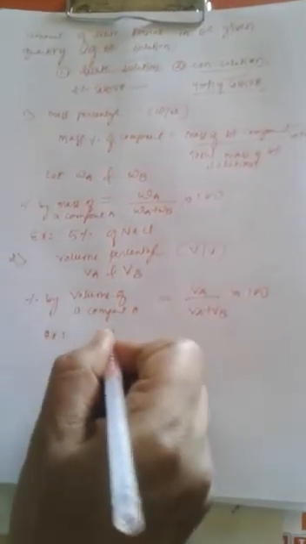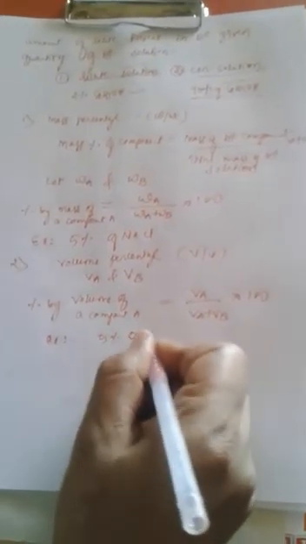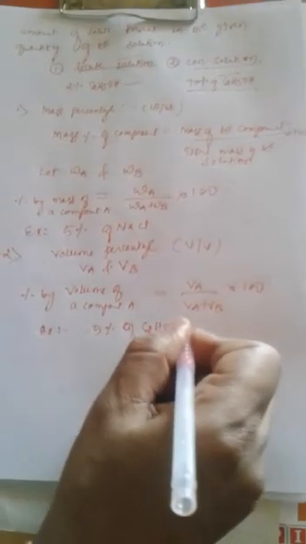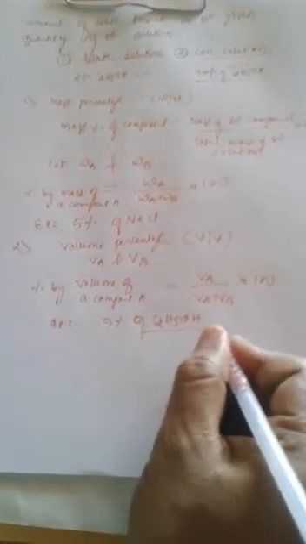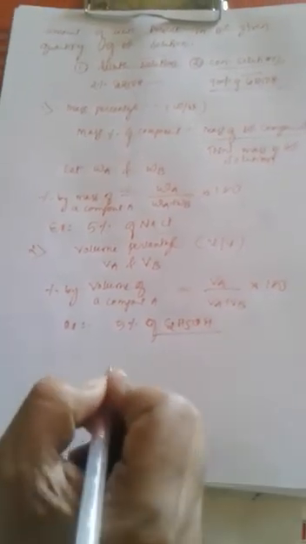This is how we express volume percentage. Just an example, 5% of ethanol. How we define it means 5 ml of ethanol is present in 100 ml of the solution or 95 ml of water.